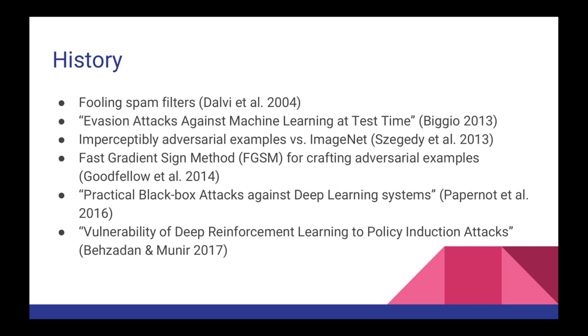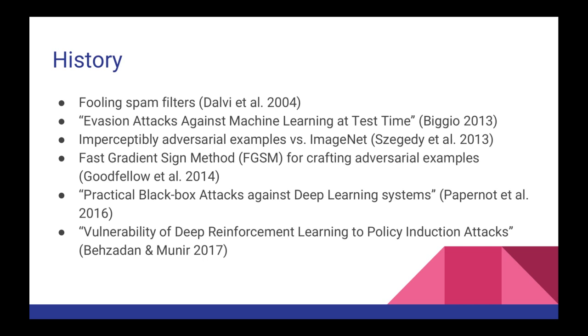When an adversarial example is crafted for a certain classifier with certain hyperparameters, in more than 50% or even more than 80% of cases in regular image classifiers, the same adversarial example is going to cause the same misclassification in other models trained on the same dataset or similar datasets. And it's called the transferability of adversarial examples. So in this paper, Papernot exploits this transferability property to create practical black box attacks.